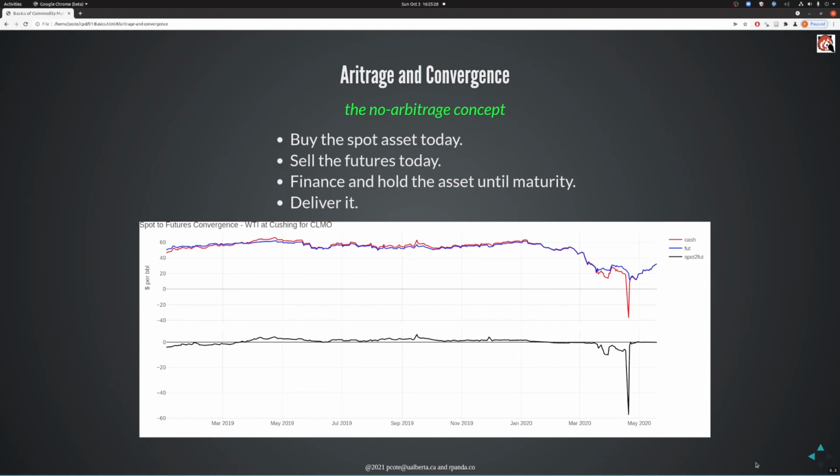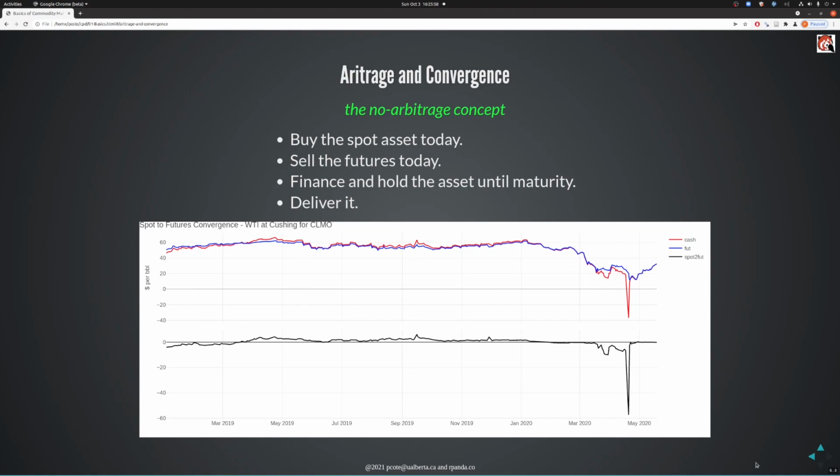The chart represents, the red line represents the cash price. In this case, I went back to 2019. So the cash price is one month forward, and the blue line, the futures price, is the price for delivery always for June 2020. So as the price difference between the two moves, the market moves between contango, backwardation, and back to contango in the months prior to delivery.